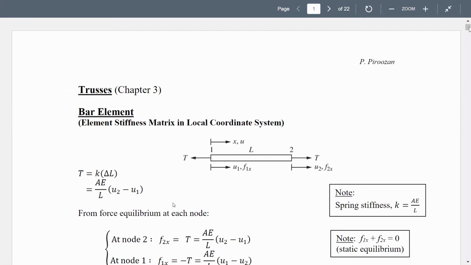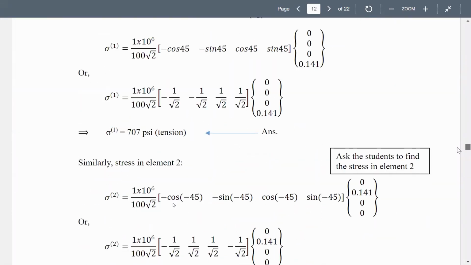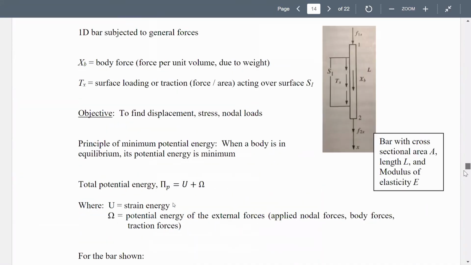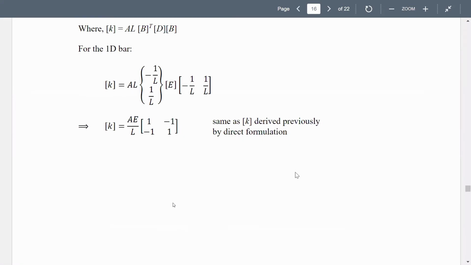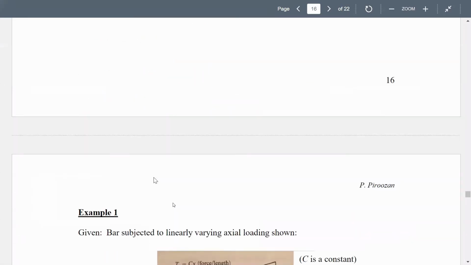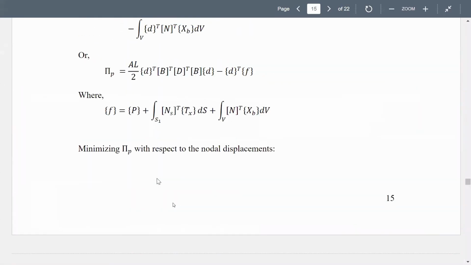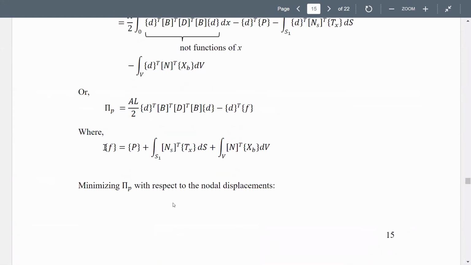So we got the same thing, but by this variational method we got some more important items. This is the same K that we derived before, but in addition we found something more important, this F. F consists of concentrated nodal forces, traction, and body force.